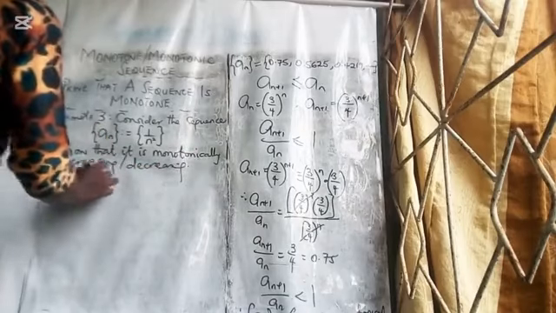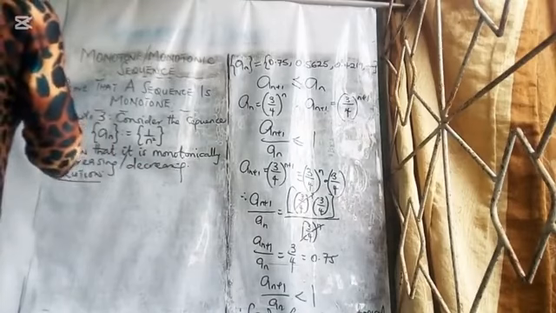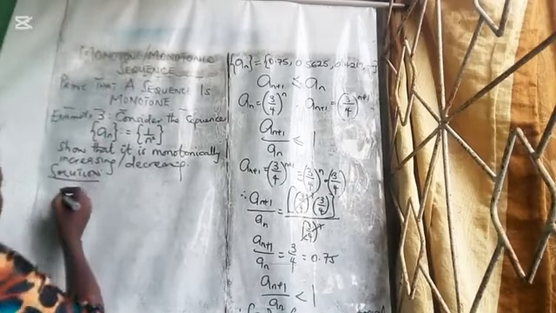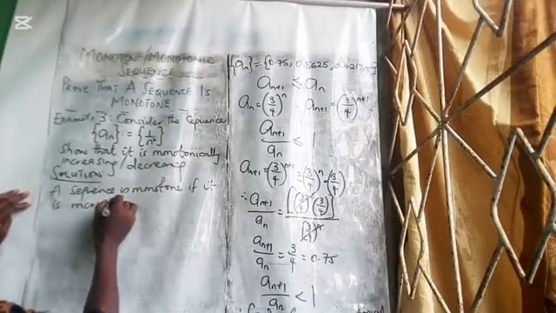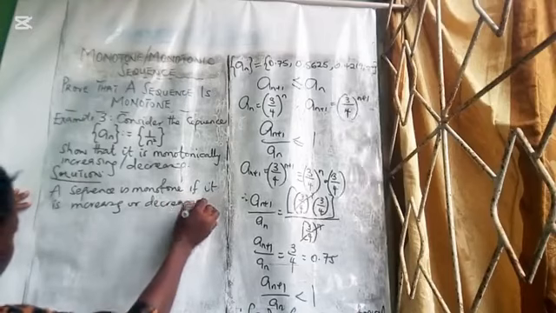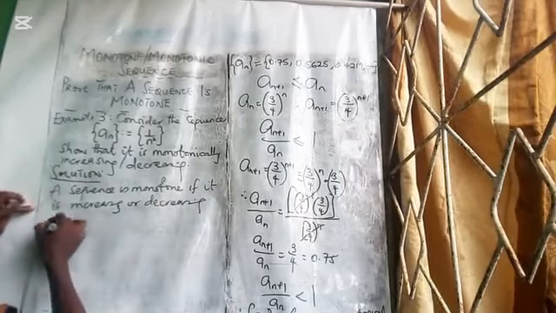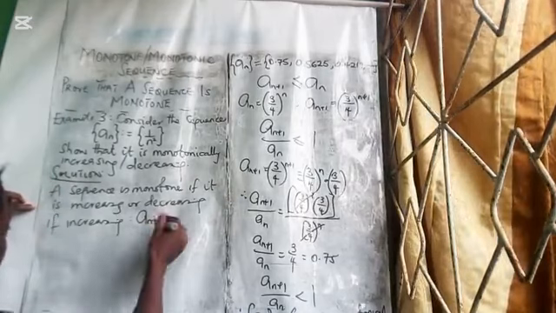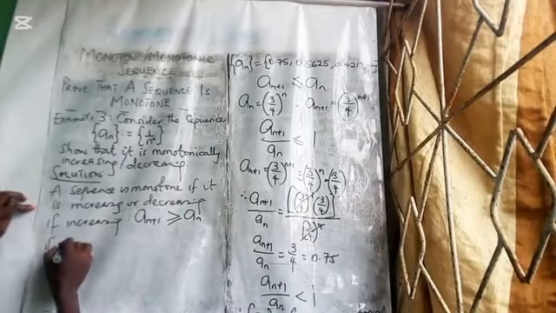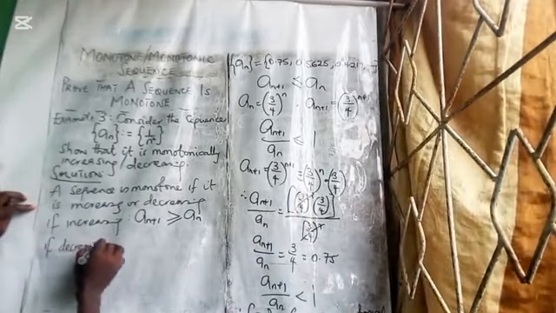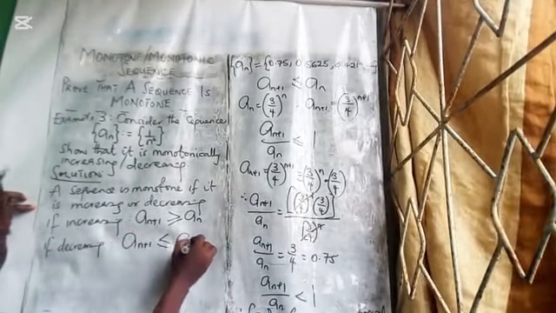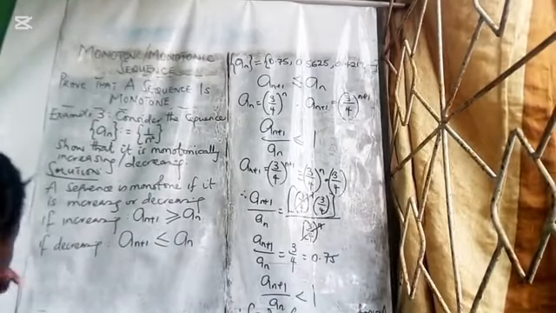Show that it is monotonically increasing or decreasing. Remember we said that a sequence is monotone if it is increasing or if it is decreasing. If it is increasing, a sub n plus 1 will be greater than or equal to a sub n. And if it is decreasing, a sub n plus 1 will be less than or equal to a sub n.